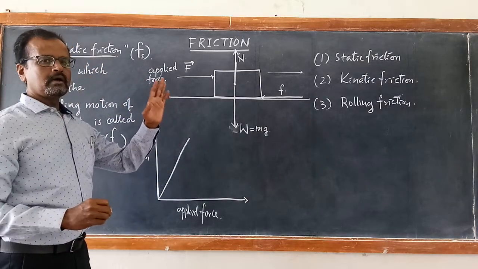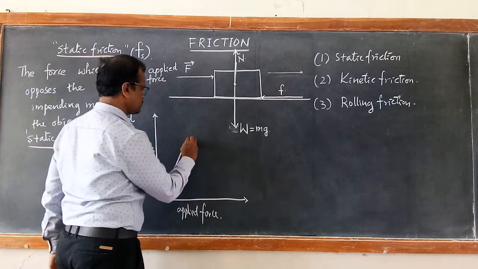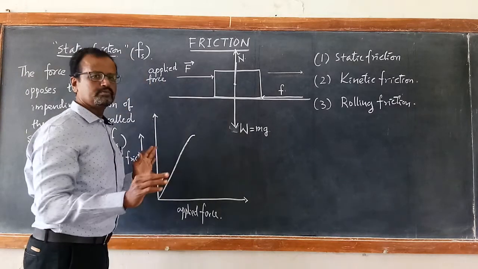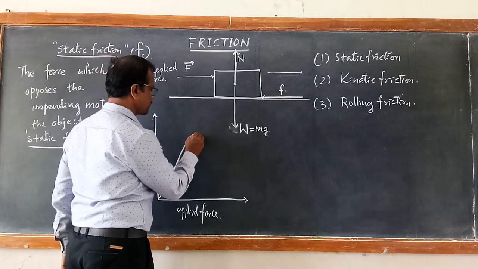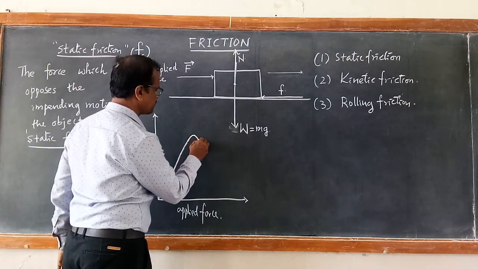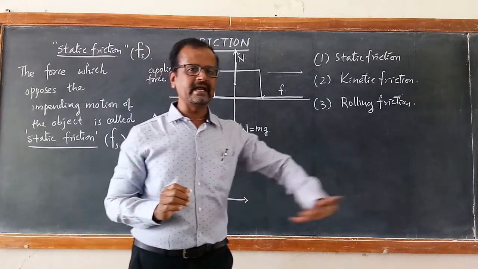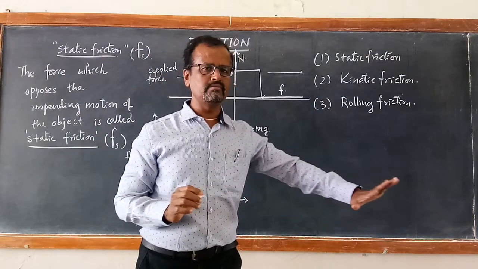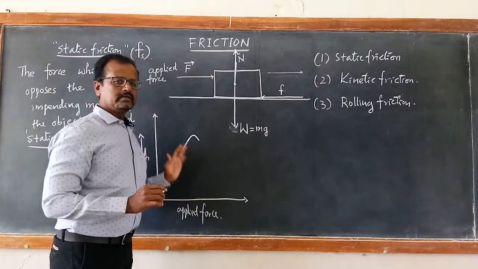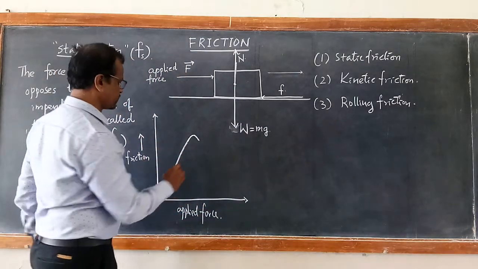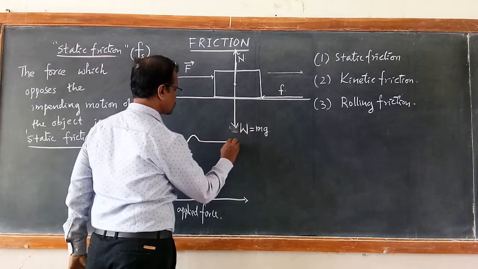At one large amount of force, what happens? The body is set into motion. The body starts moving, and at that moment the body is sliding. When the body starts actual motion, the friction that comes into play will be less than static friction. It will be almost constant.